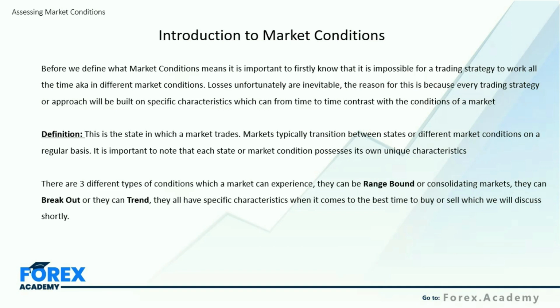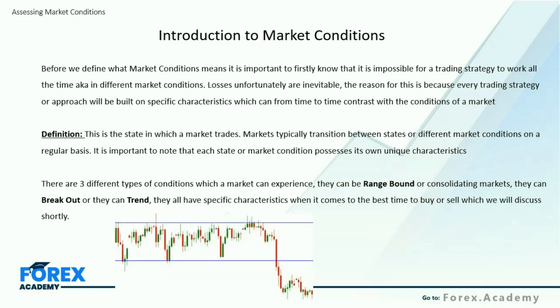They can also become breakout market conditions, which have very unique characteristics as well, and also trending markets. What's important to take away is that they all have specific characteristics when it comes to the best time to buy or sell, which we'll discuss in some detail very shortly.